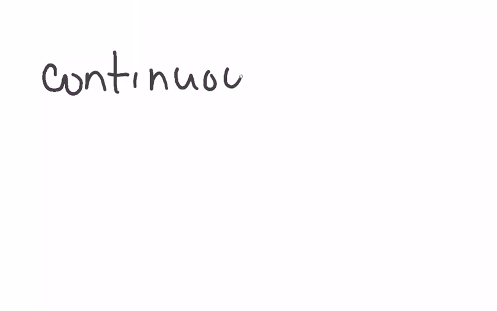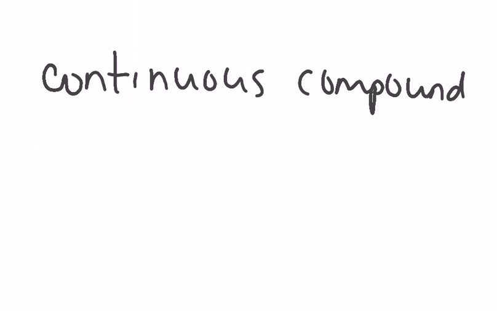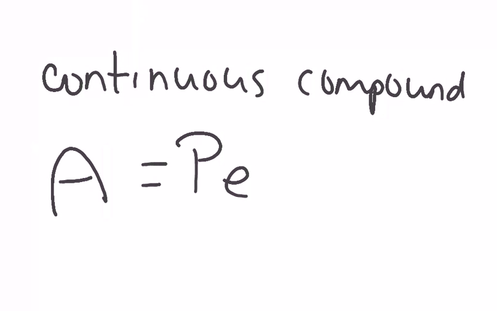Now the equation you would work with for compounding continuously is a little different because it uses that E number. So this is A equals P E to the RT. E is that number, and there is a button on your calculator that is the E button.